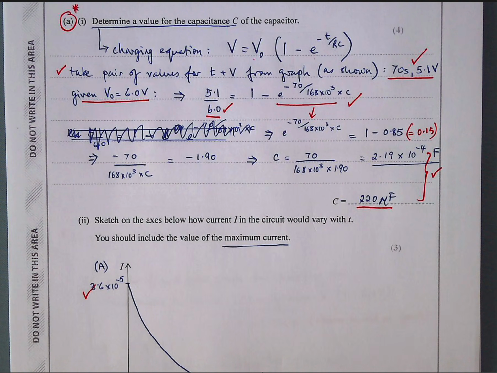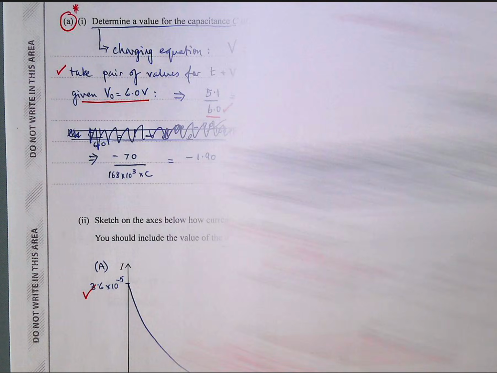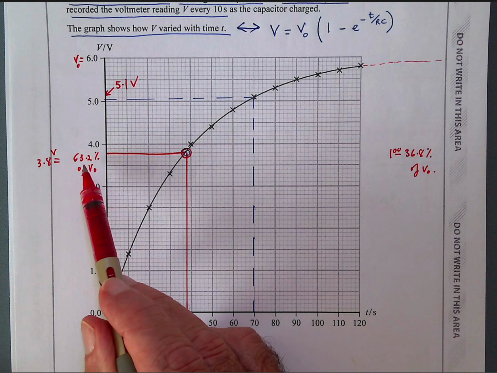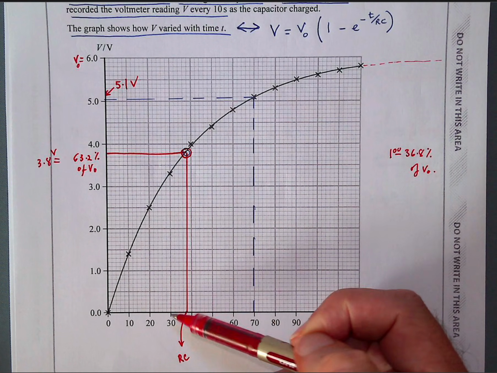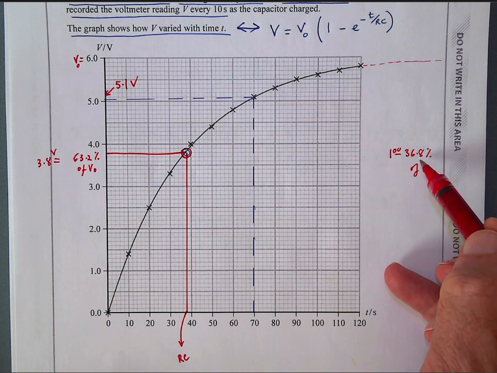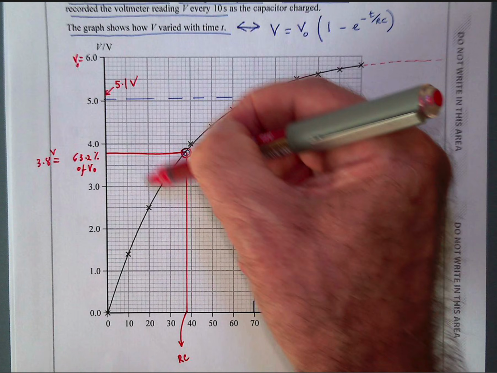If you don't remember the charging equation, you can go back to my graph. Look at how I know that, obviously discharging, in one time constant it would discharge to 36.8%, because obviously discharging it would be steeper at the beginning.